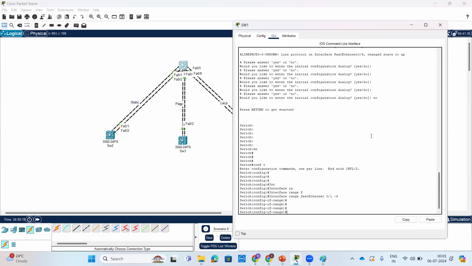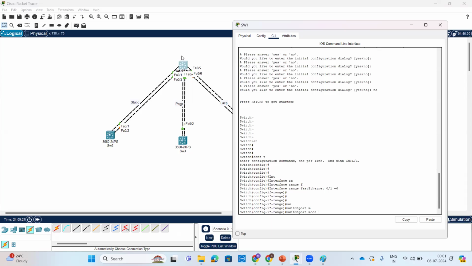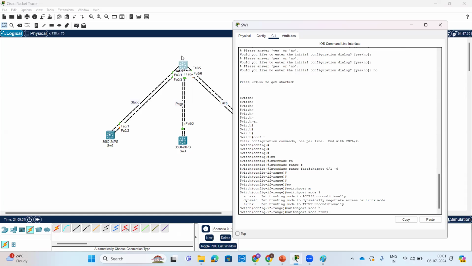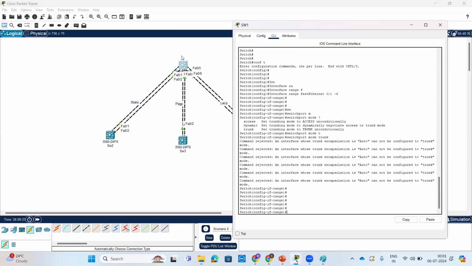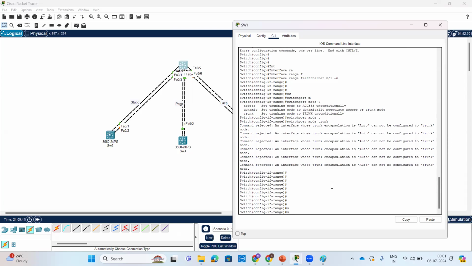Now I'm enabling trunk first here in between. Switch port mode trunk. It won't take, it will be rejected, because we should first select the encapsulation mode.